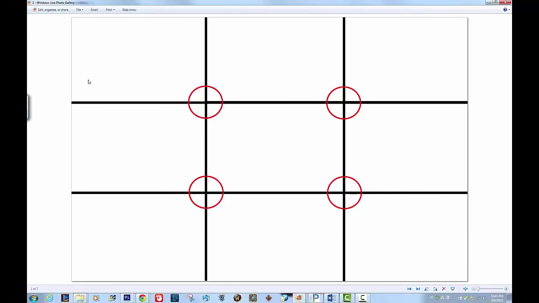When you divide it exactly in three along the length of each side, you get this nine-rectangle grid. Anywhere you put your subject on these crossing points, you'll be successful.